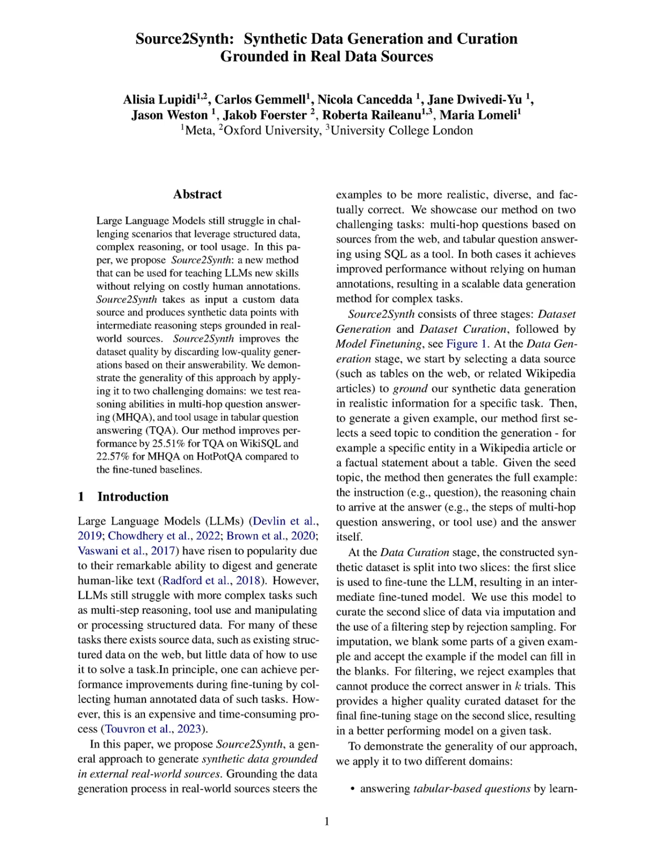This results in a curated dataset that leads to better performance in fine-tuning LLMs for complex tasks, as demonstrated in both multi-hop and tabular question answering scenarios. Overall, Source2Synth provides a scalable and efficient approach to synthetic data generation that enhances the realism and effectiveness of the training data.